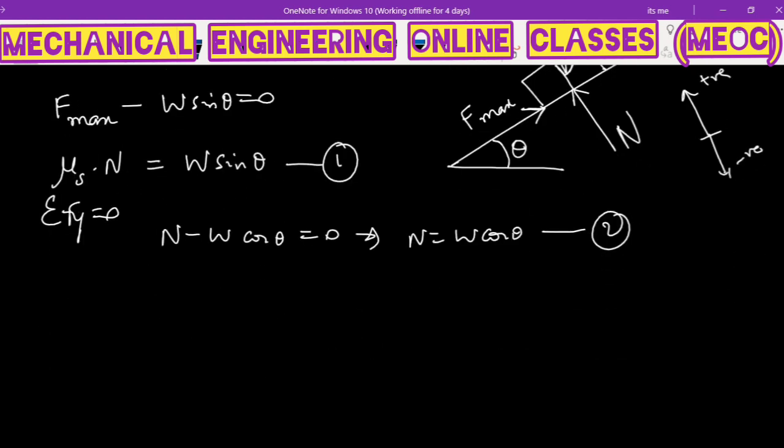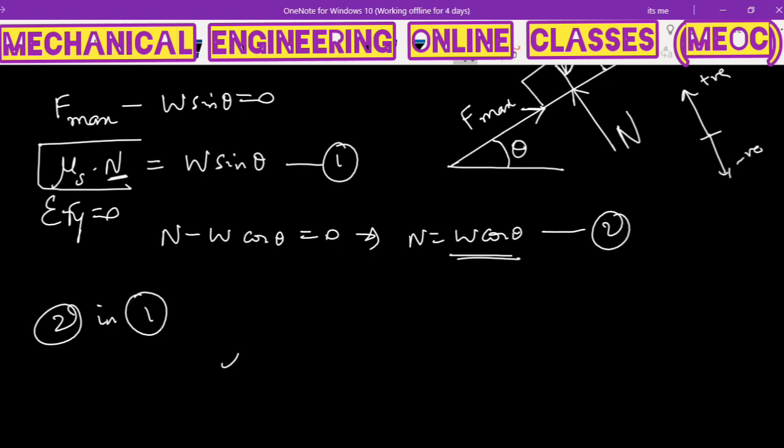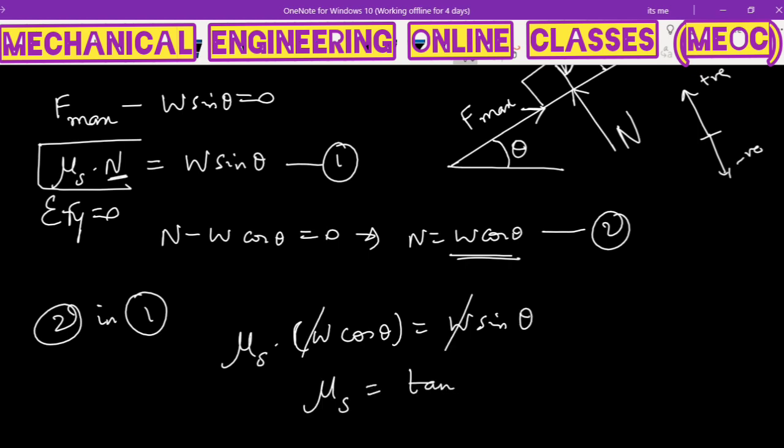So let us substitute 2 in 1, because in 1 we have mu s into N. So in place of N, let us substitute W cos theta. Mu s into W cos theta is equal to W sin theta. We can cancel this W and W, and mu s will become tan theta.